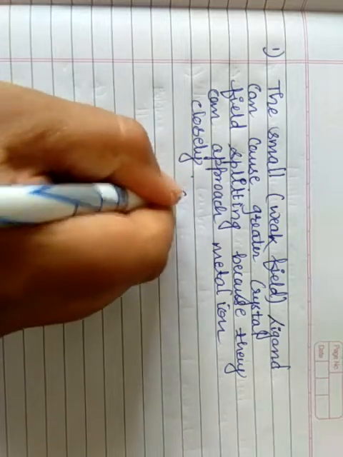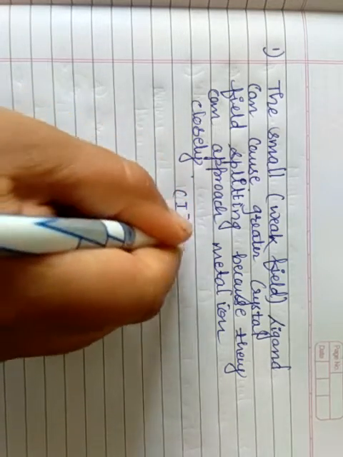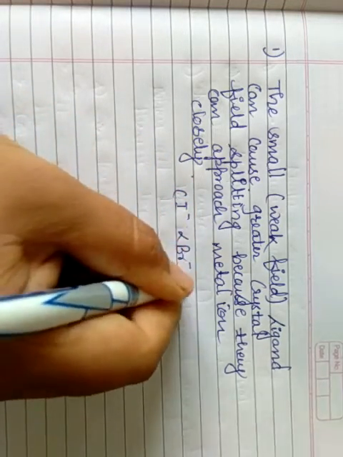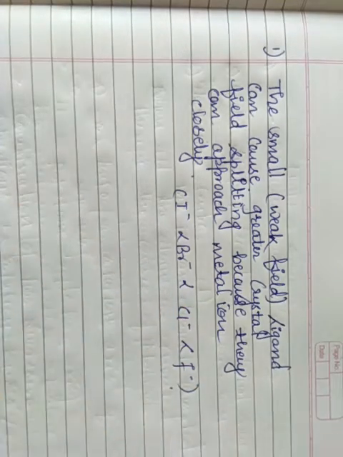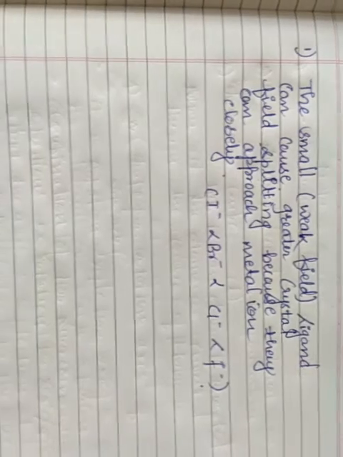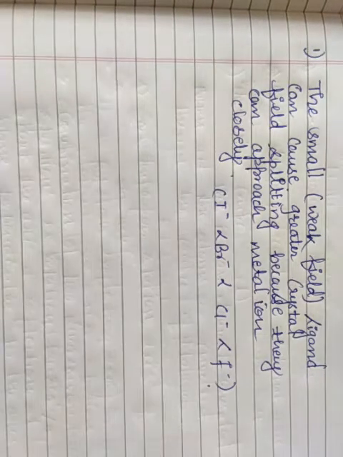We can take here examples: I, Br, Cl, as well as F. So this is the first fact about the spectrochemical series: the small or weak field ligands can cause a greater crystal field splitting because they can approach metal ions closely.